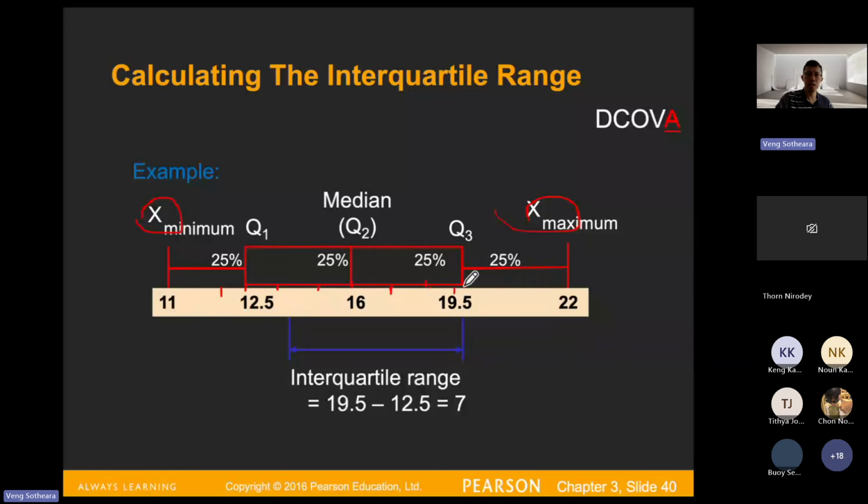Maybe the way I just constructed it is not so accurate. Then 20, 21, and 22.